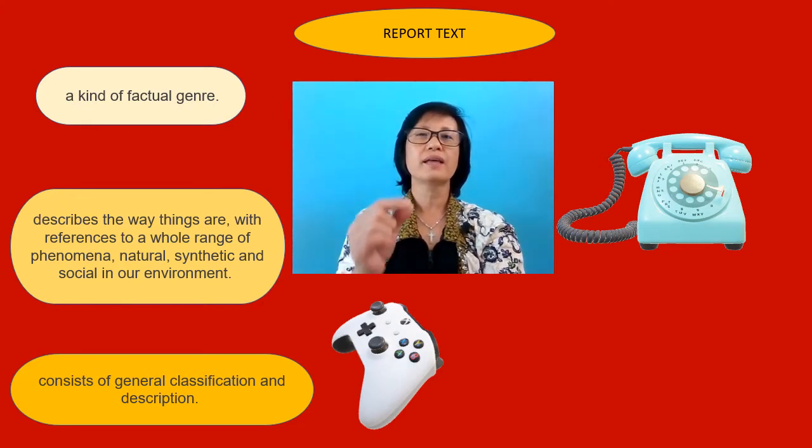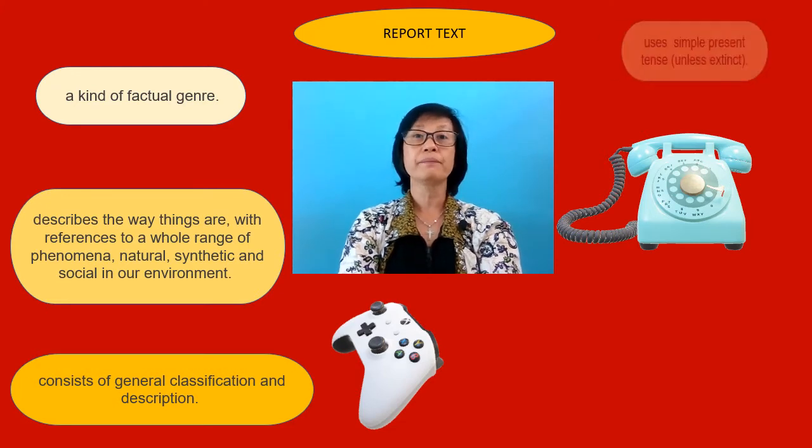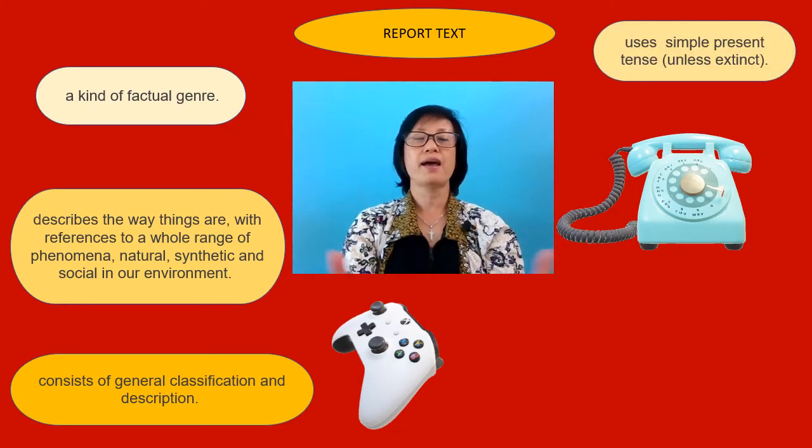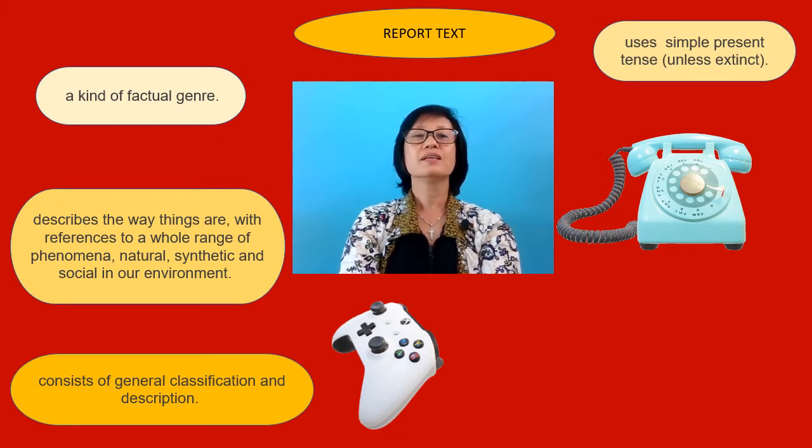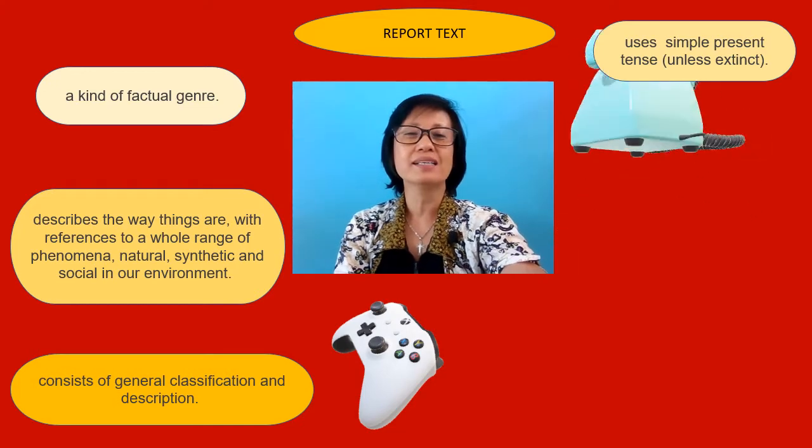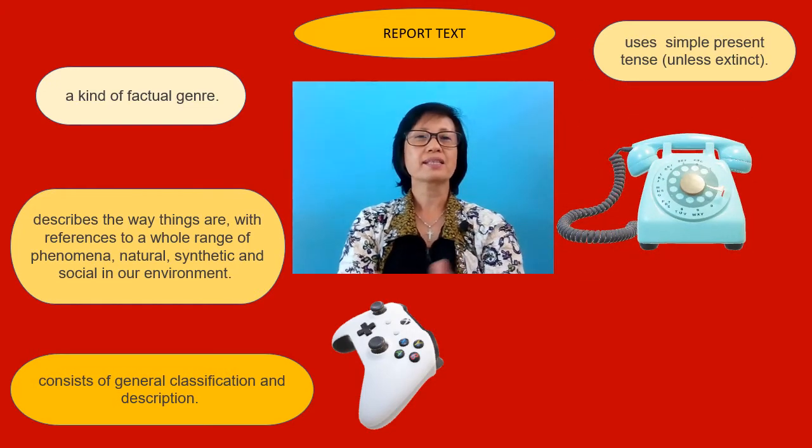Okay. So not only that information that we should also know, the next question I'd like to ask, what do you think the tense which is appropriate to use in report text? Remember, because we talk about facts, so we should use simple present tense, except if the item already extinct, right? Okay, good. Now, the last thing I'd like to ask is, report text gives information about living things.